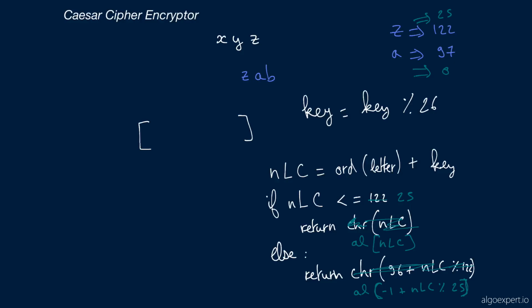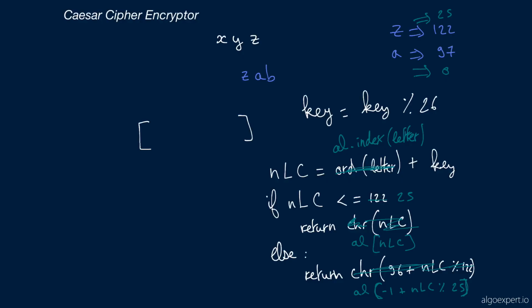And that would be your formula. And the last thing here, to get the actual NLC, to get the code, you would have to add the key not to the ord function here, but you would say AL, your alphabet array, dot index of letter. You would get the index that letter is located at in the alphabet array. And that's how you would do this question without using this Unicode stuff.